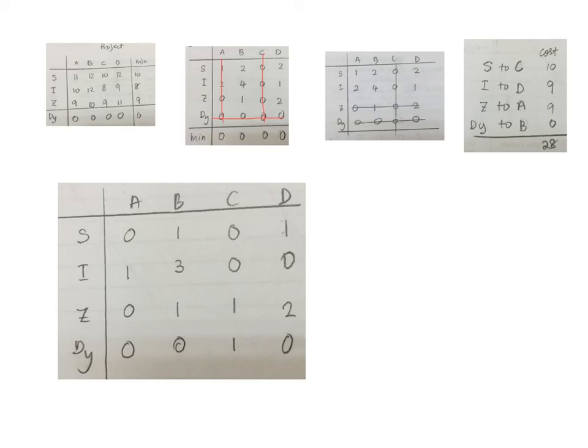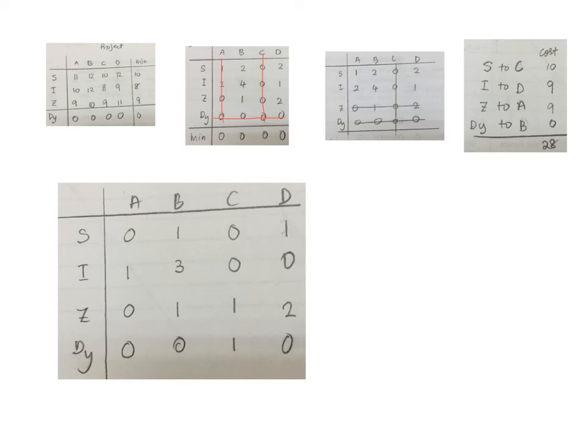So the minimum number of lines that cover all the zeros is 4. The number of lines is 4, and these lines cover all the zeros. So this is the optimal table already.